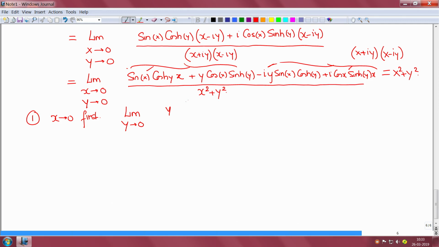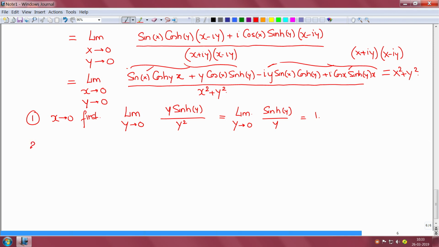So y cos 0 is 1 times sinh y, by x is already 0, so y squared. And so we get limit y tending to 0 of sinh y by y, which is equal to 1. Okay. One can use L'Hopital's rule and prove to oneself that is indeed 1.